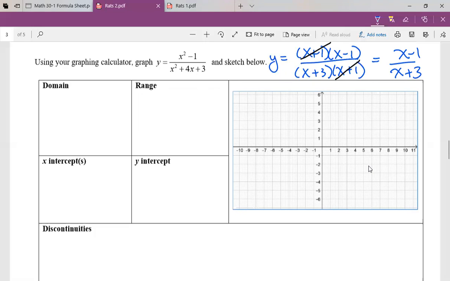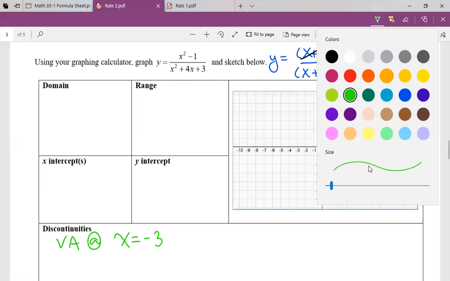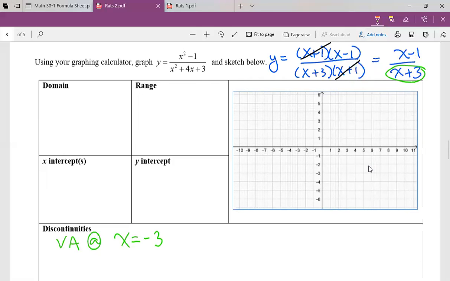Okay, before we try to draw this, let's analyze the graph. What do we have? Well, a factor of our denominator is a vertical asymptote. So we have a vertical asymptote at x equals negative 3. A factor that divides out, x plus 1 over x plus 1, that is our point of discontinuity.